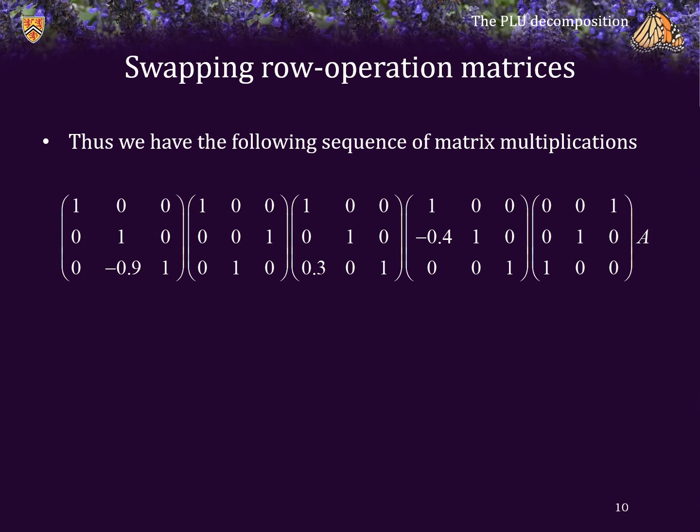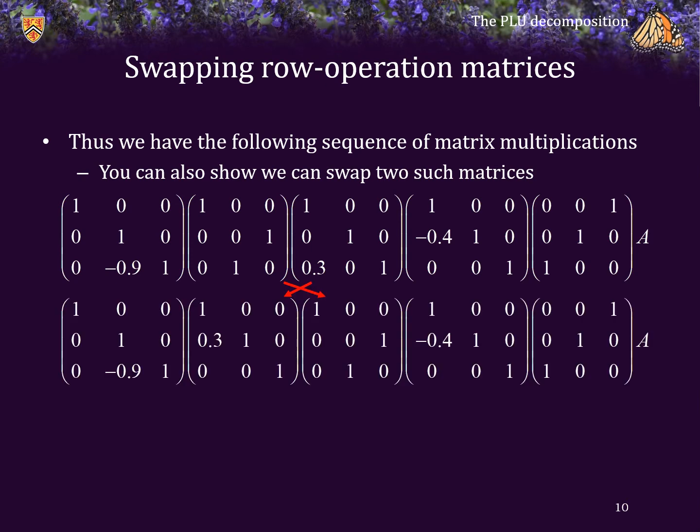However, there is something interesting. It's possible to show that under certain circumstances we can swap these matrices. So for example, if we consider the second matrix from the left and the third matrix from the left, the second matrix from the left is a row swap operation. The third matrix from the left is adding a multiple of row 1 onto row 3.